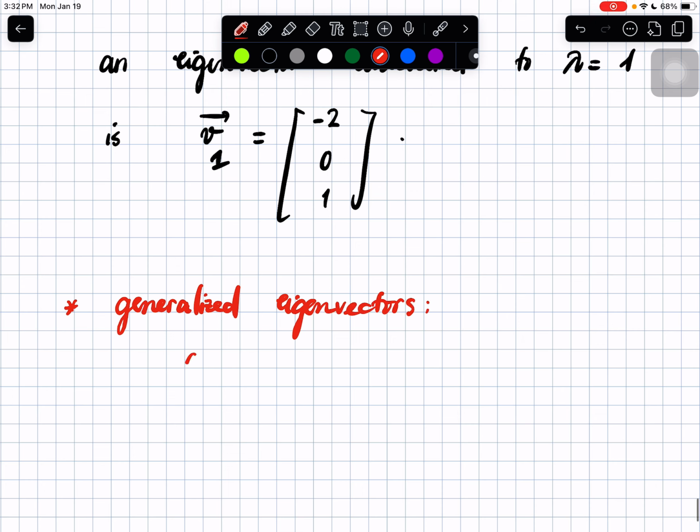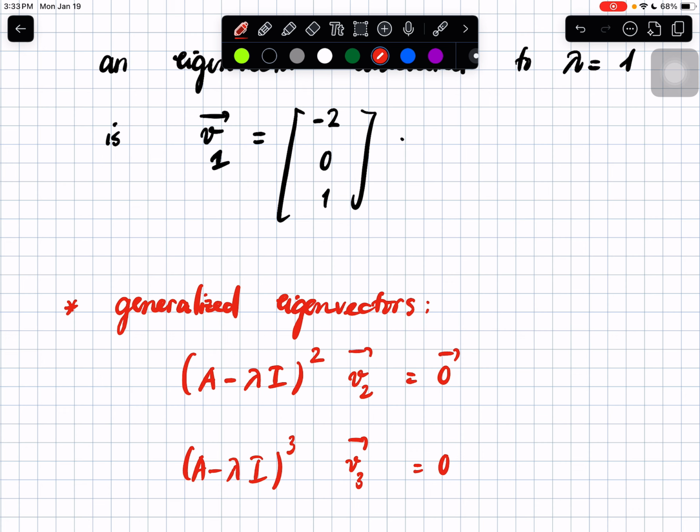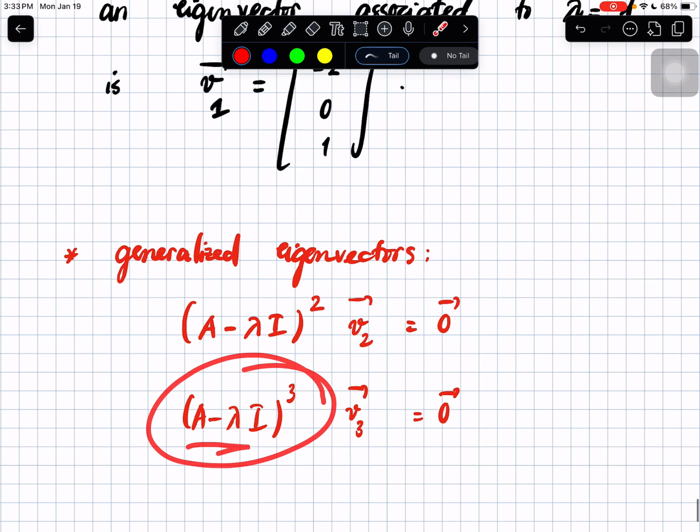We have two of them: A minus lambda I squared times v2 equals 0, and A minus lambda I cubed times v3 equals 0. In this case, this one is a zero matrix.